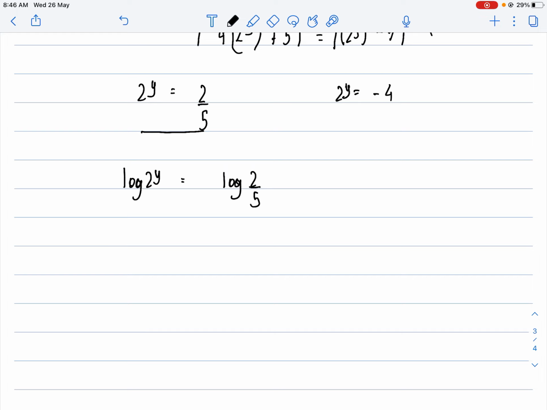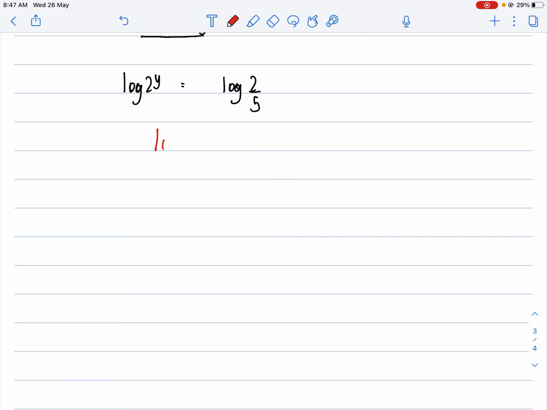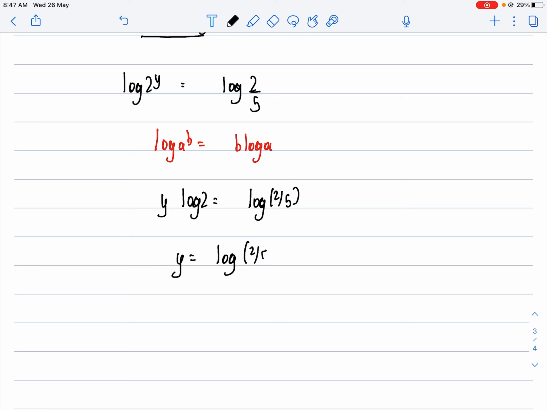Correct? Now, an important log property you need to know is that log a raised to b can be written as b log a. So I can write this as y log 2 equals log 2 over 5, which can be written as y equals log 2 over 5 over log 2.